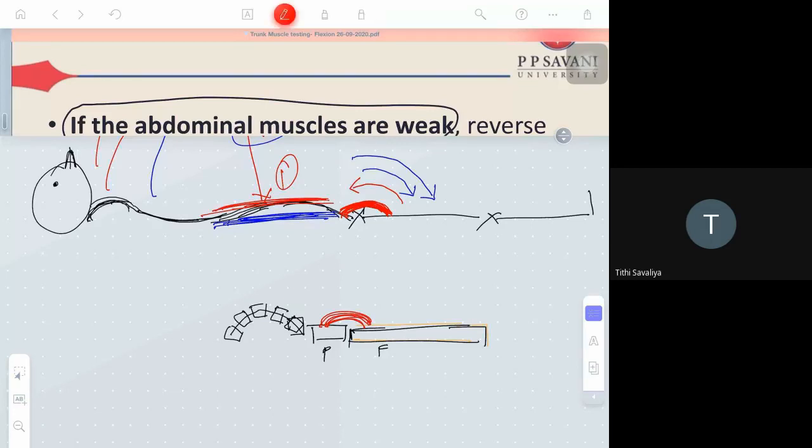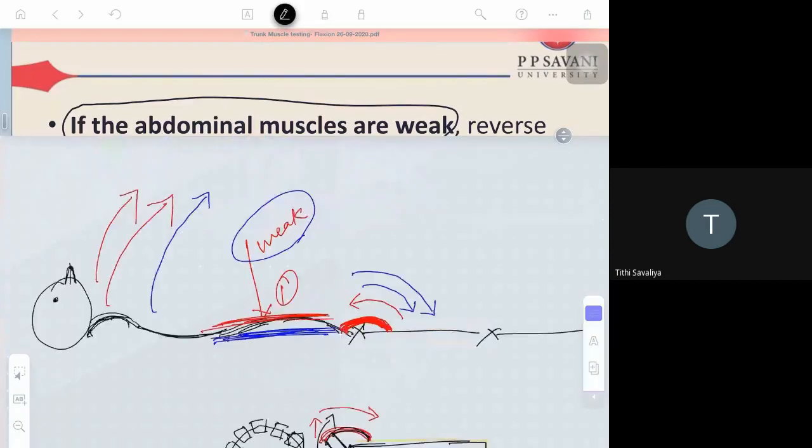That is this direction. The pelvis will be lifted up, lifted forward like this. This is called anterior pelvic tilt. So anterior pelvic tilt will occur if abdominal muscles are weak during curl up.